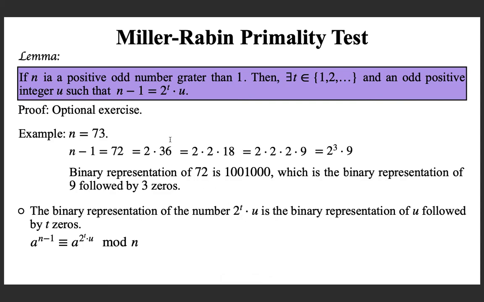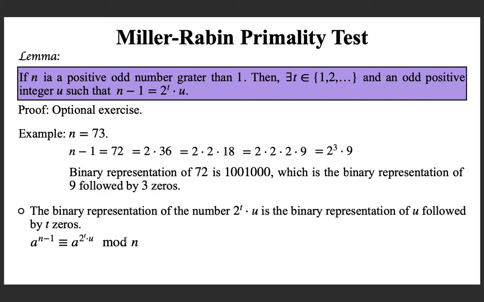Now what we said is that if n is an odd number other than 1, then n minus 1 can be written as 2 to the power t multiplied by u, where u is an odd number. So n minus 1 can be written as 2 to the power t multiplied by u is what this lemma is saying. That is what I did here.